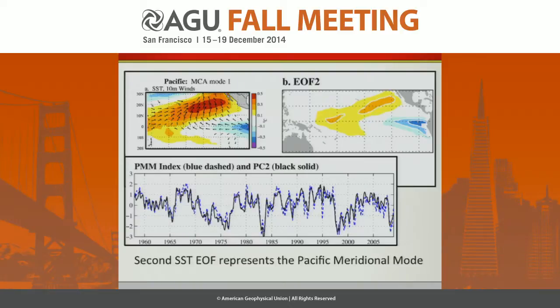If you take the SST component of that and plot that, that is the blue dashed line in the bottom curve. And if you plot the second principal component of sea surface temperature, then we get the black curve in the bottom plot, and those two are correlated at about 0.9. So I'm going to use the second EOF as the Pacific meridional mode representation.